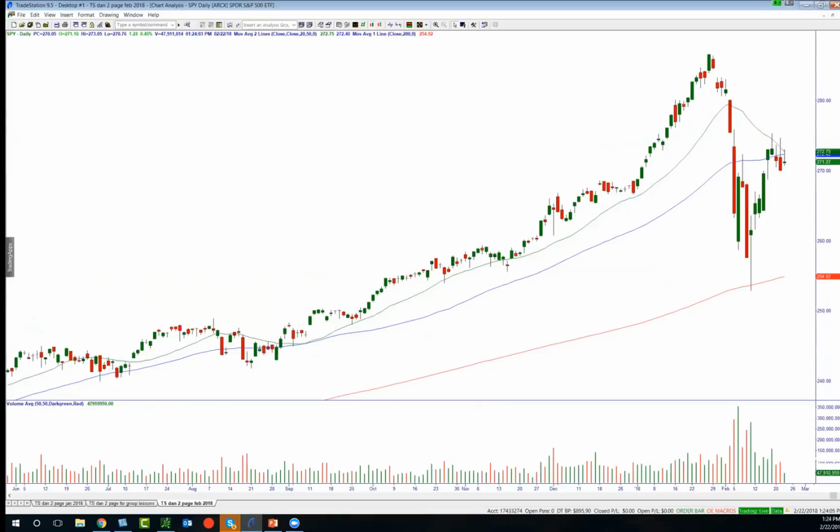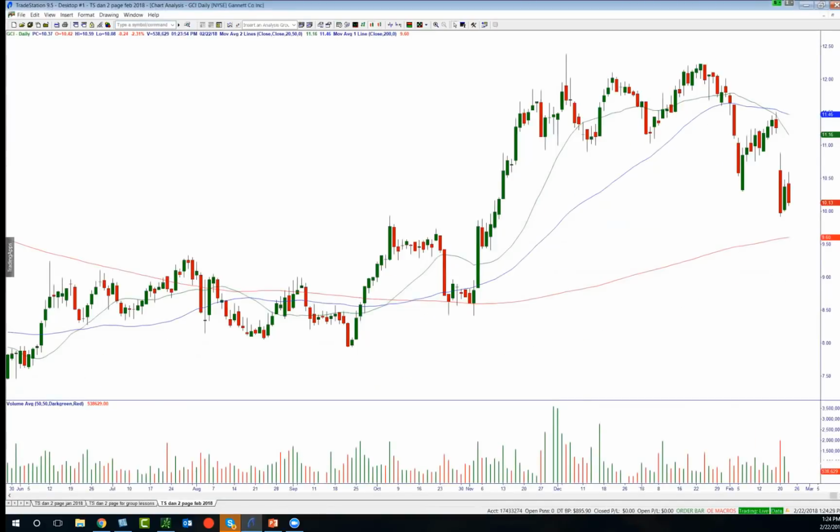And the plus with options is you don't have to have that type of a more exact pattern. So here's one. Look, again, bring up GCI. Yeah, I will. I was just looking at possibly a spider call spread at 275. But all right, there's GCI.